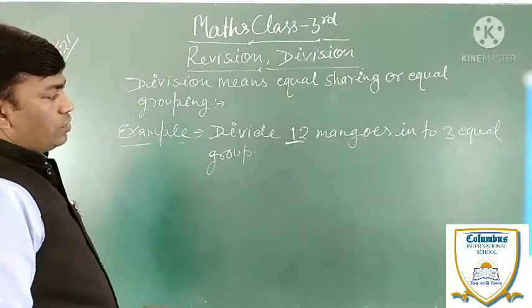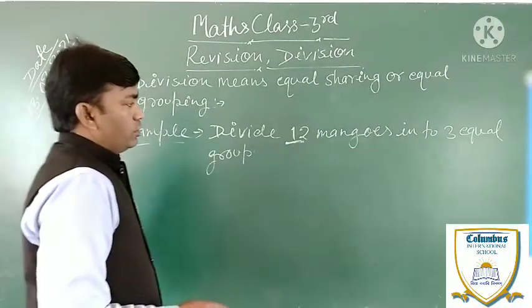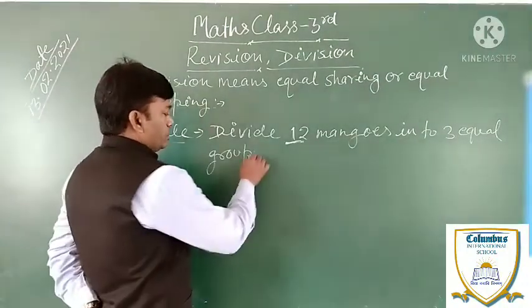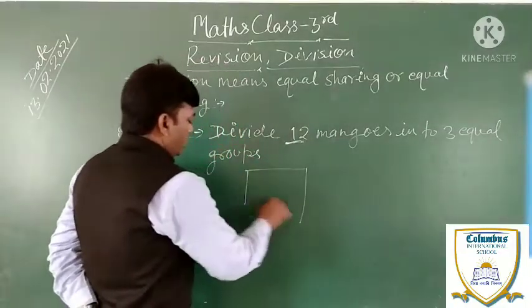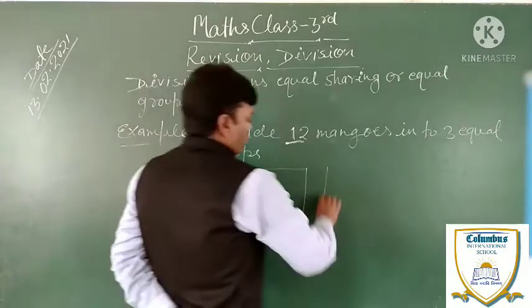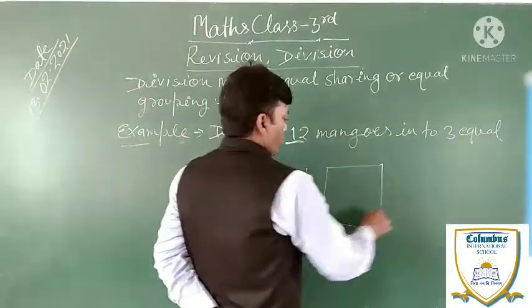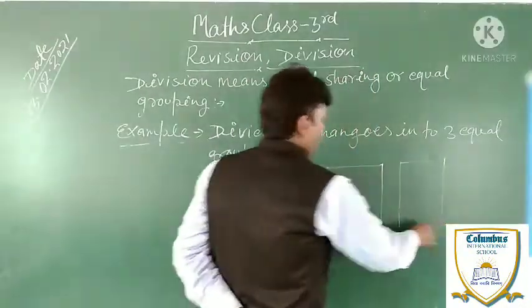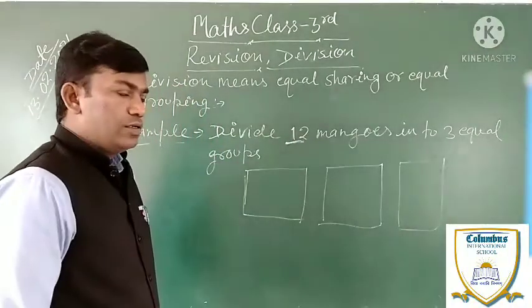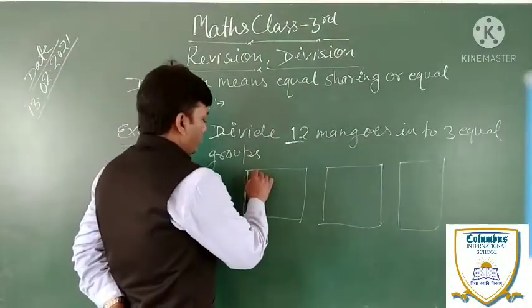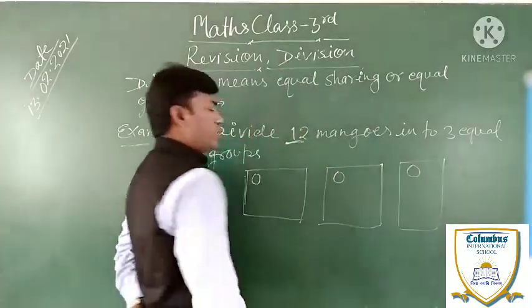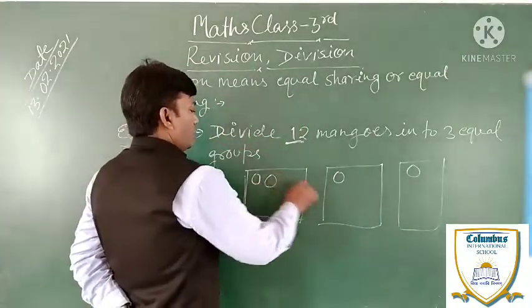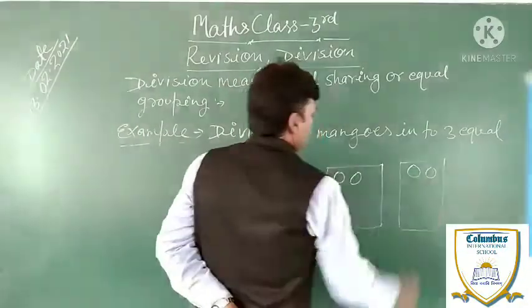Divide 12 mangoes into 3 equal groups. It means there are 3 groups. You know that this is 3 groups: 1, 2, and 3. We will divide. First we will put here 1 mango, 3 mangoes, 2 mangoes, 6 mangoes.